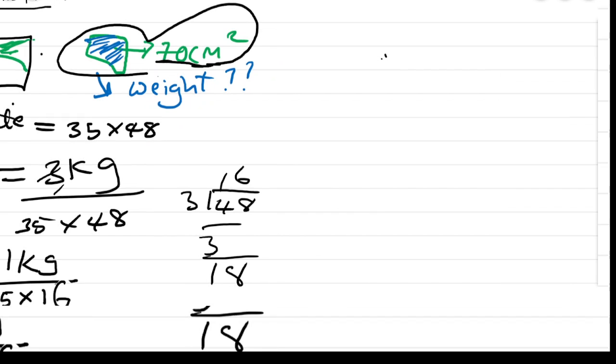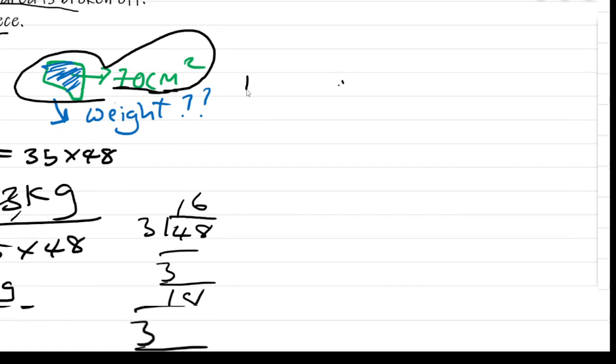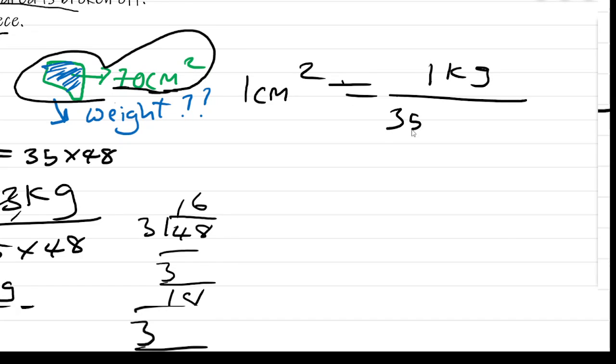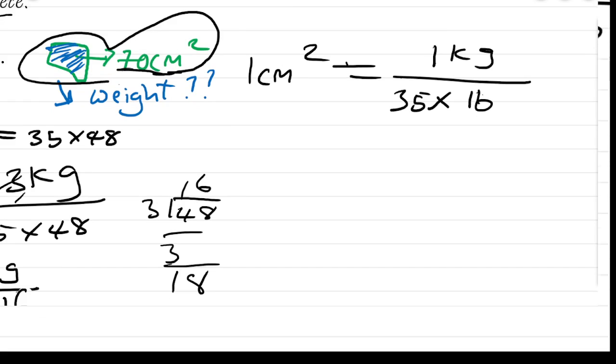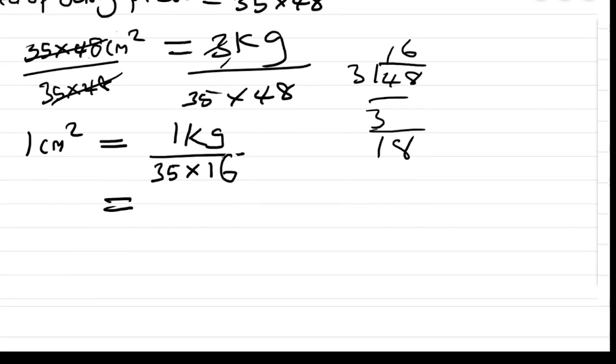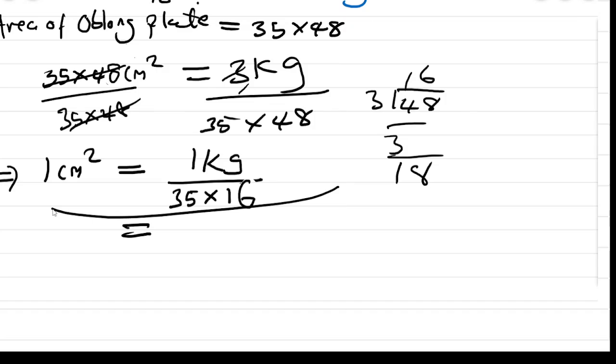But here now we are told that 1 centimeter squared is equal to 1 kilogram over 35 multiplied by 16, just as we learned here. That is, 1 centimeter squared is 1 over 35 times 16 kilogram.